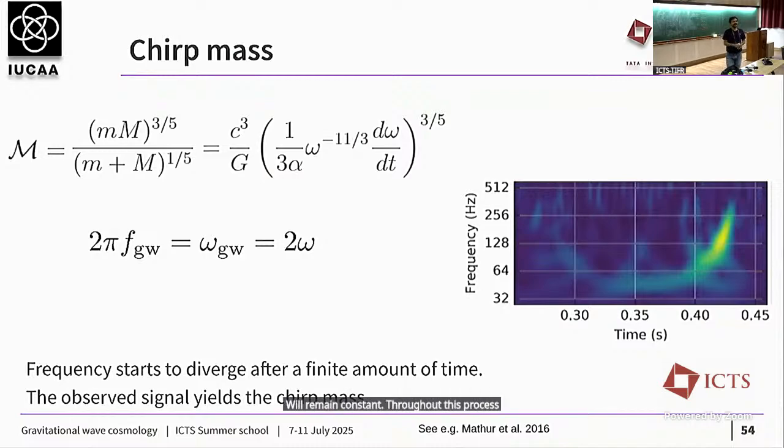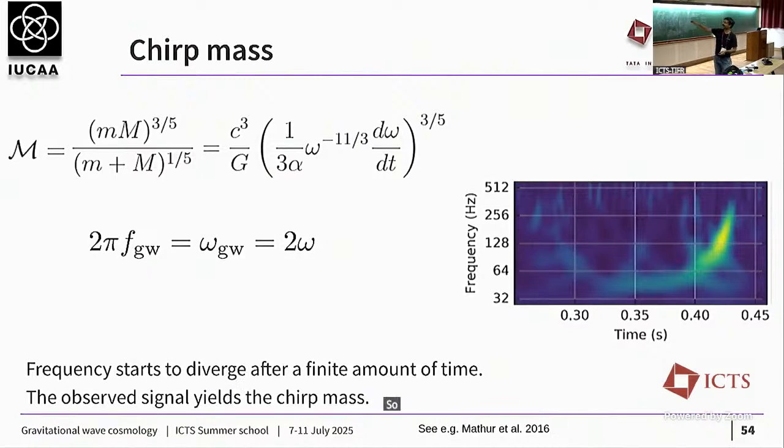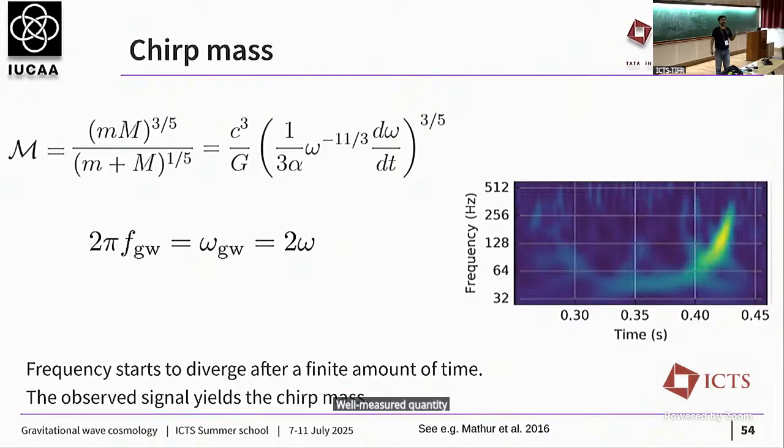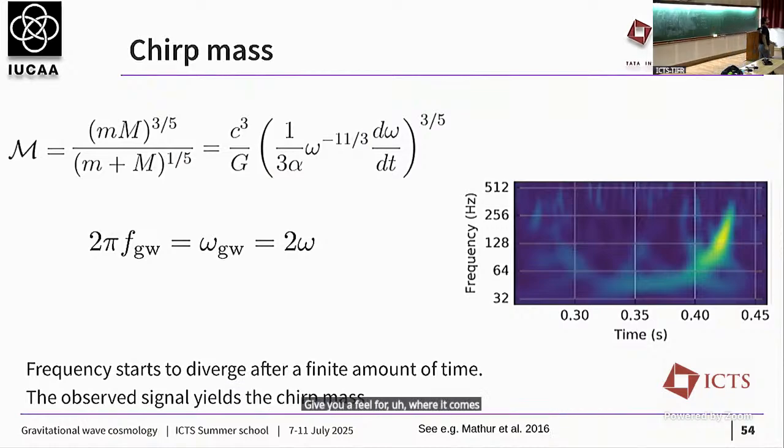Okay, but in reality, of course, you have to solve all the GR, numerical relativity, and whatnot. So all this will not remain exactly true as you come closer and closer. But even in numerical relativity, the functional form is well determined by this chirp mass. Okay, that's the reason why this is also the most well measured quantity. And that's the reason why I wanted to show you this derivation, just to give you a feel for where it comes from.